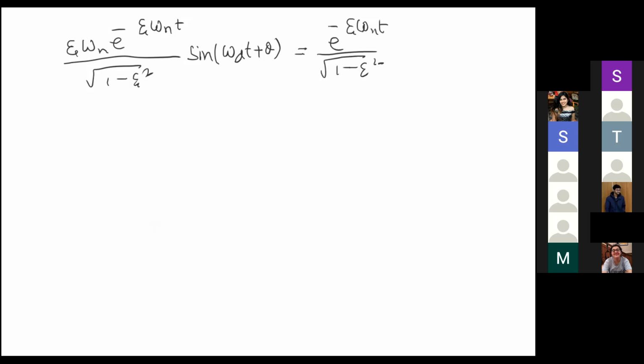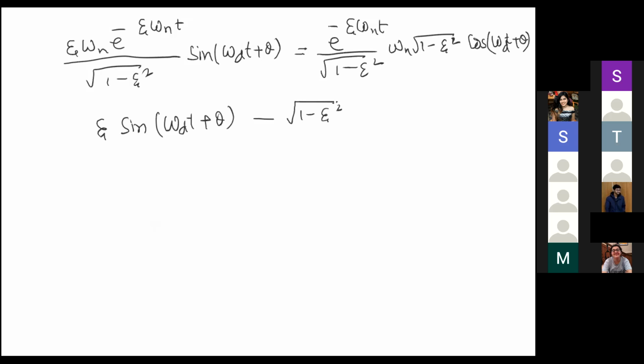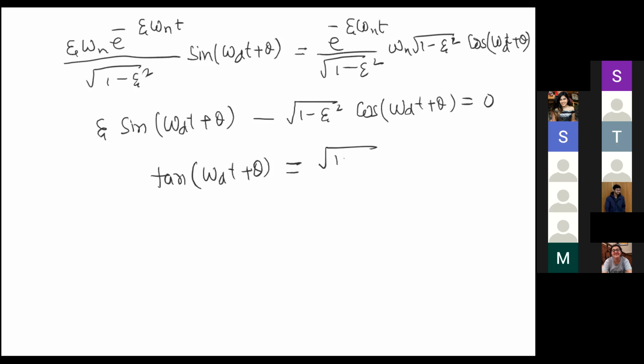Here we are getting omega d, so we can write omega n under root of 1 minus zeta square, cos of omega d t plus theta. Now if we solve this one, zeta sine of omega d t plus theta minus under root of 1 minus zeta square cos of omega d t plus theta is equivalent to 0. Or we can write that tan of omega d t plus theta is equal to under root of 1 minus zeta square upon zeta.